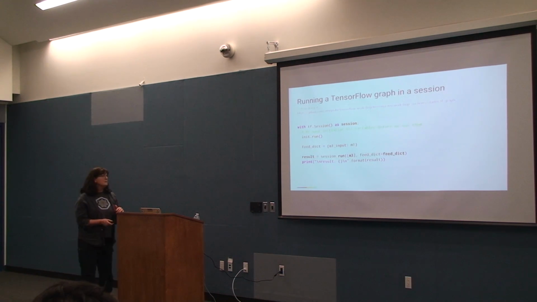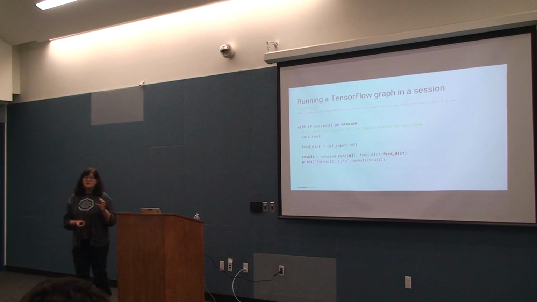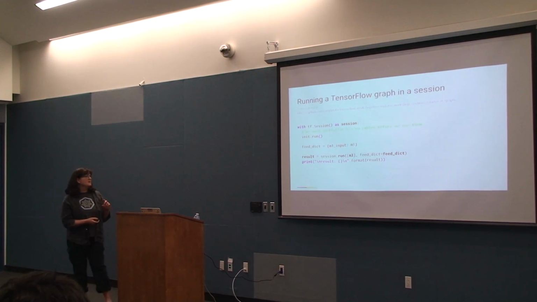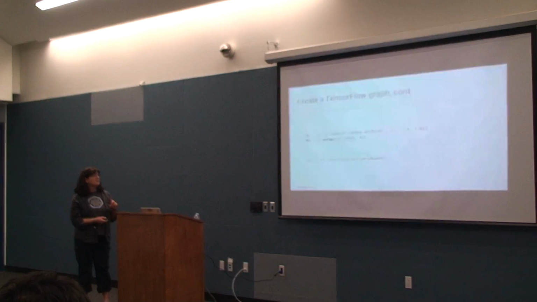And then we're defining a dictionary that is going to specify the inputs for all of our placeholders. In this case, let me go back here, we just had the one placeholder.